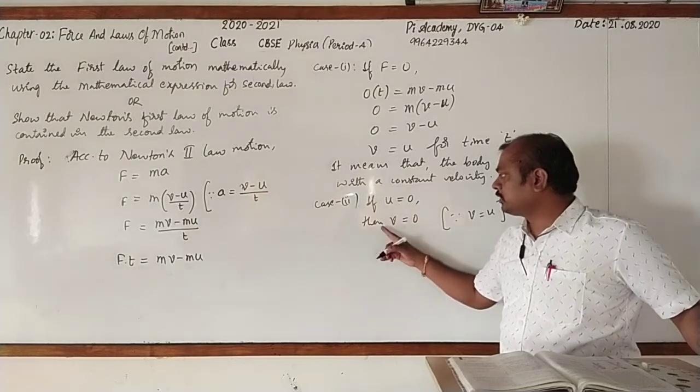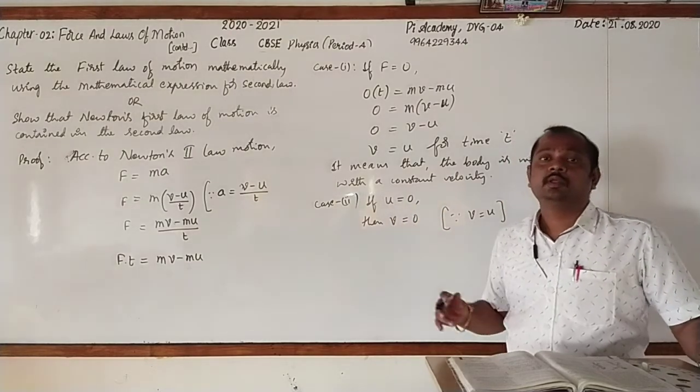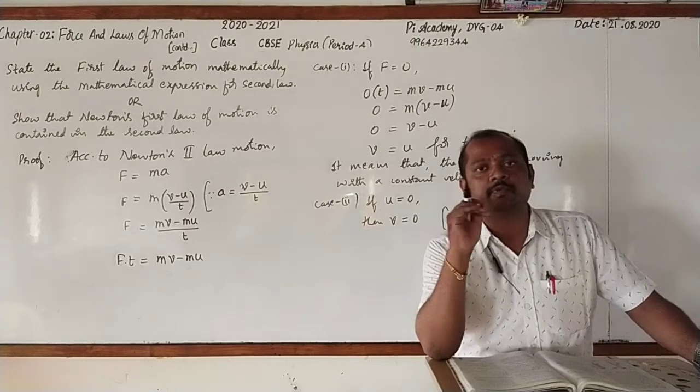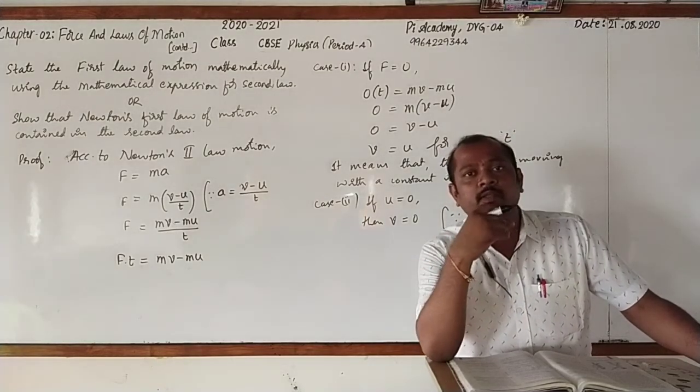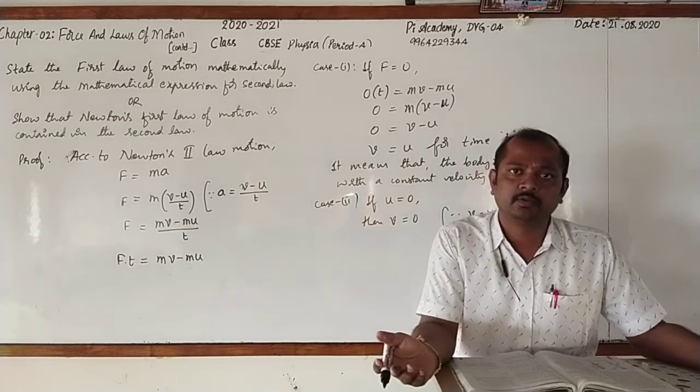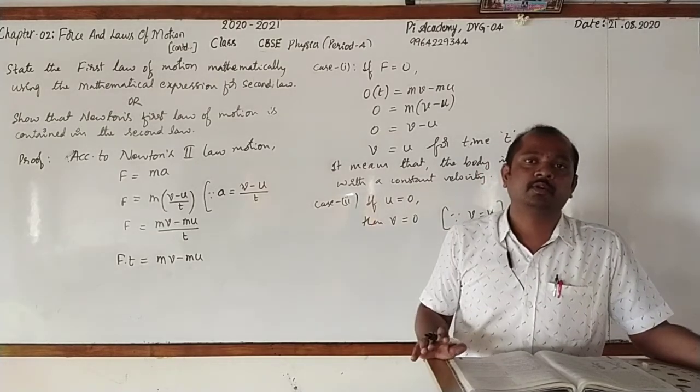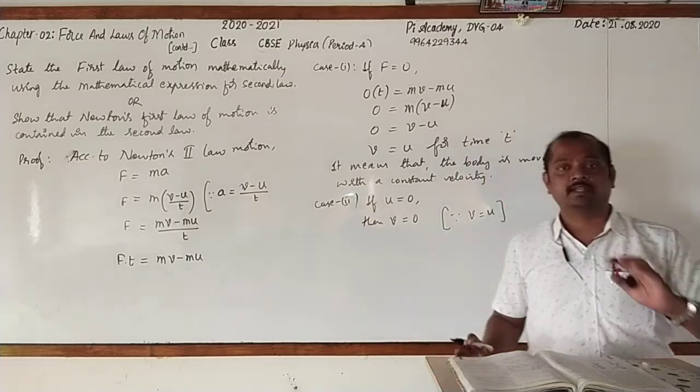If u equal to 0, then v equal to 0. See, both initial and final velocities are same. Then what do you say about the state of a body? Is it at rest or in motion? When both the velocities are 0, it remains at rest, right?